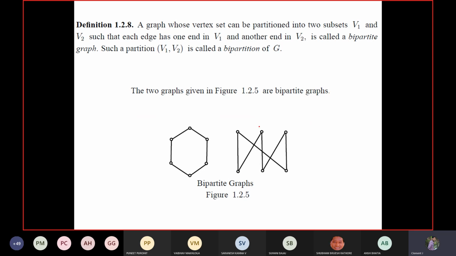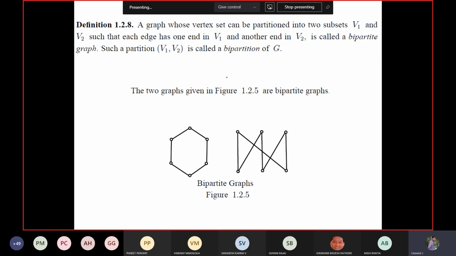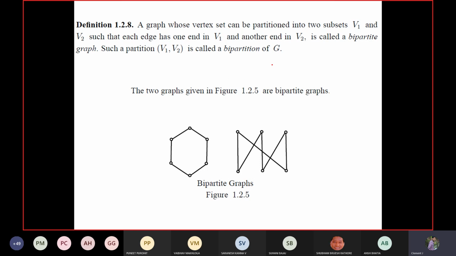Okay, next here, bipartite graph. You need to understand that a bipartite graph is nothing but a graph where you are going to split the vertex set. Listen carefully. I'll explain as an illustration. Here the vertex set V of G can be partitioned into two things.